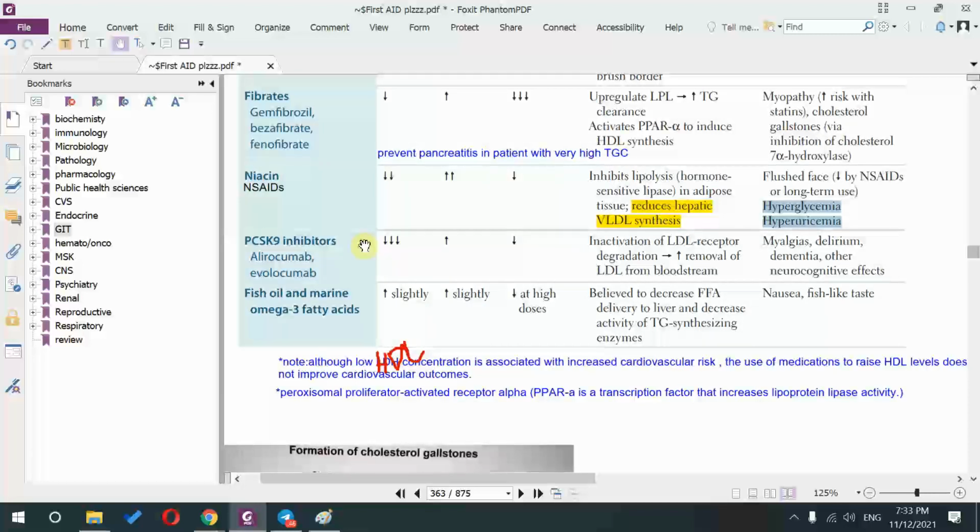Okay, PCSK9 inhibitors like alirocumab and evolocumab. Remember the cumab. They decrease the LDL significantly. How? By inactivating the LDL receptor degradation. When I say that, it means I have more receptors or fewer receptors? I'm preventing the degradation, so more receptors, yes. So inactivation of the LDL receptor degradation increases the removal of the LDL from the bloodstream.